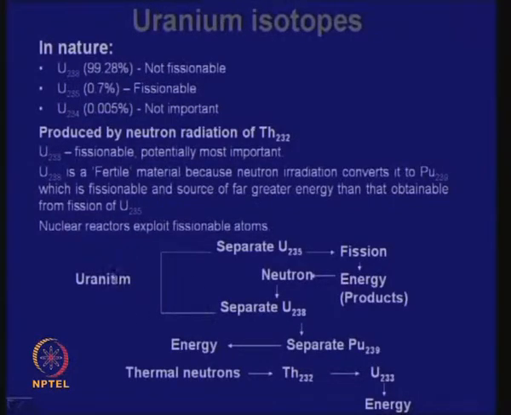You have uranium. One has to find a method of separating the isotopes. How we will do it, I will very briefly discuss later. We will have to separate uranium-235, and uranium-235 is the one which can undergo fission. Which is fission?